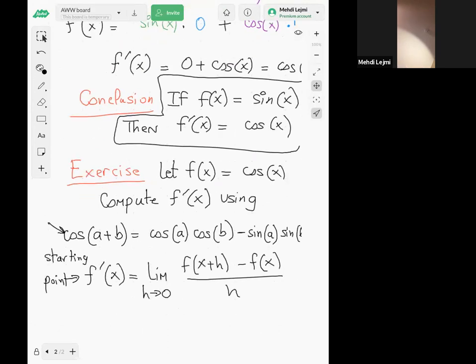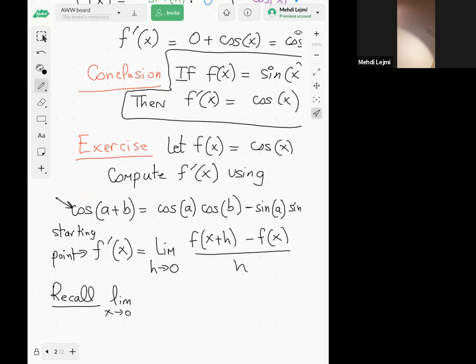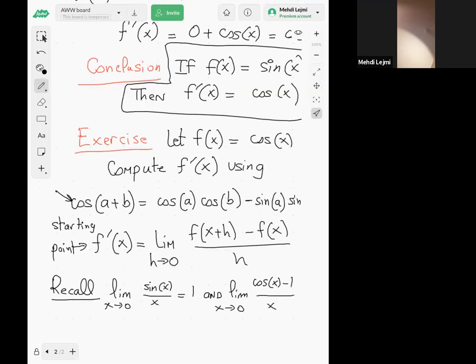The limit as x goes to 0 of sine of x over x is equal to 1, and the limit as x goes to 0 of cosine of x minus 1 over x is equal to 0.